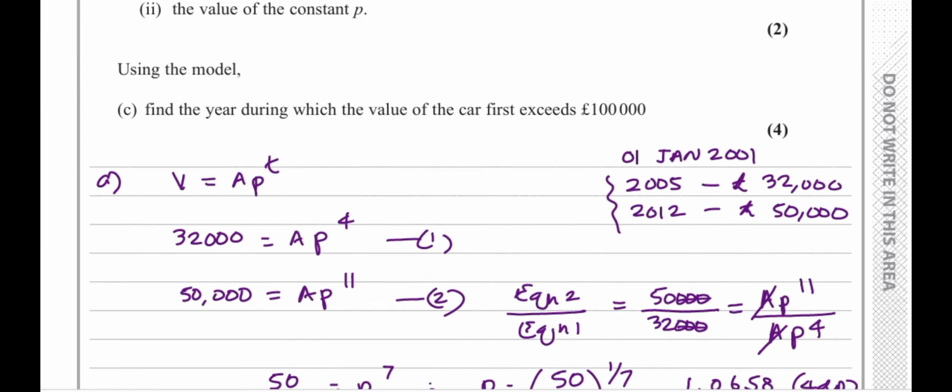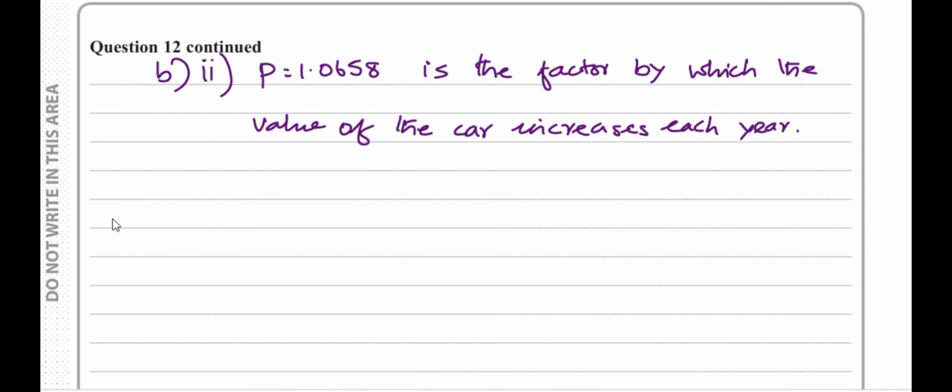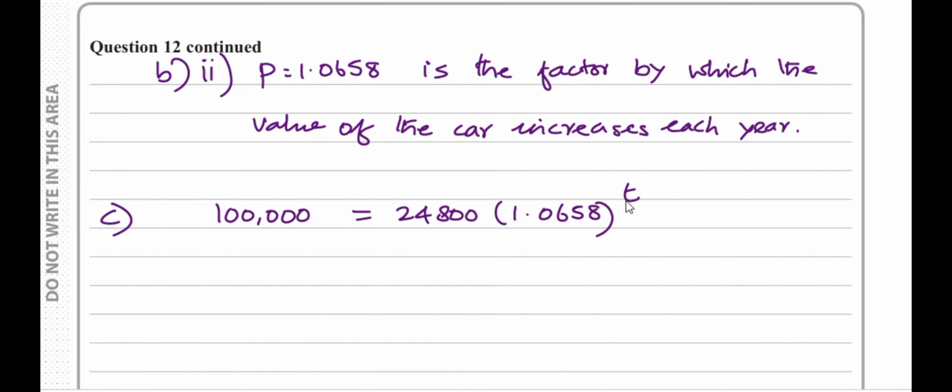Fine. Using the model, find the year during which the value of the car first exceeds 100,000 pounds. So let's write 100,000 pounds in place of V, that is equal to 24,800 bracket 1.0658 to the power of T. Now we need to solve for T here, which is the only unknown here.